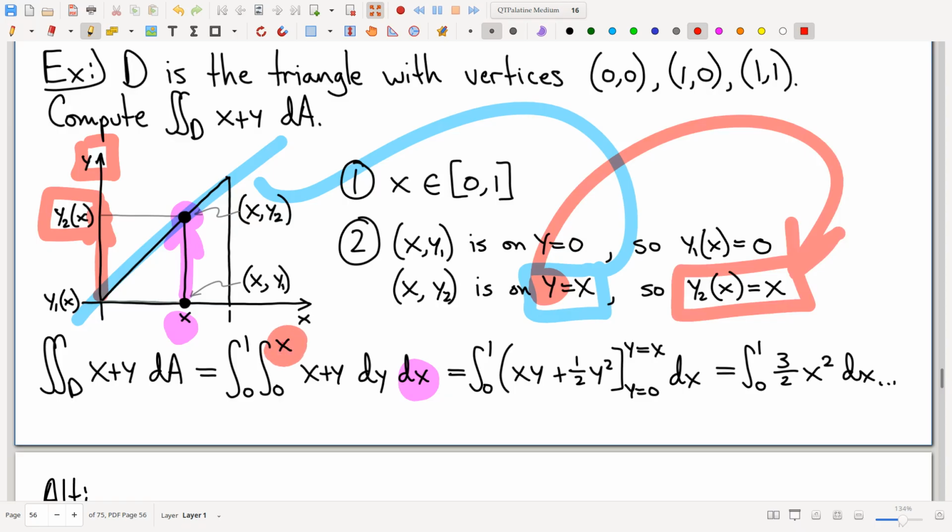This formula right here is the formula for y as a function of x. And a common mistake, I see the following mistake all the time. It's so common. I see students write the upper bound as y. Because, well, there it is. And then y, x, y, what's the difference? They're the same.